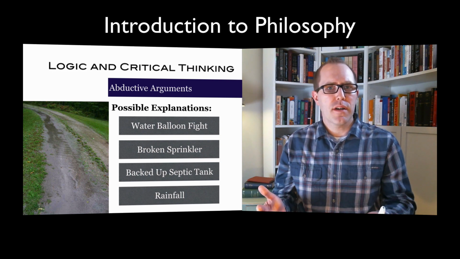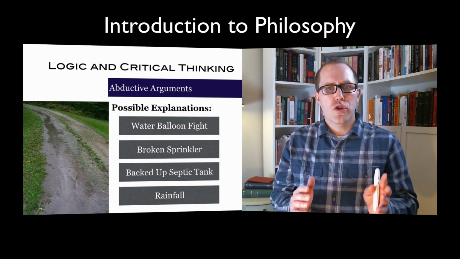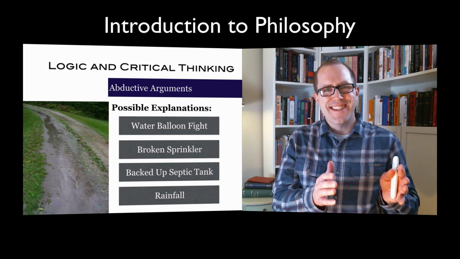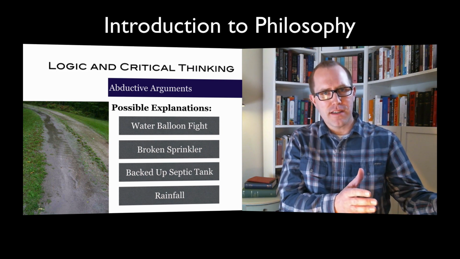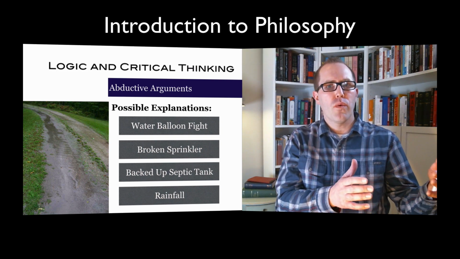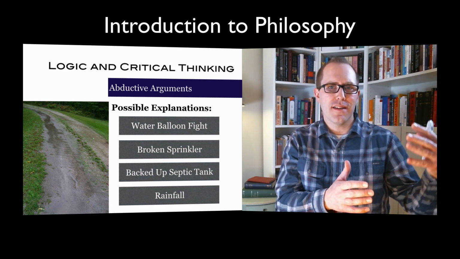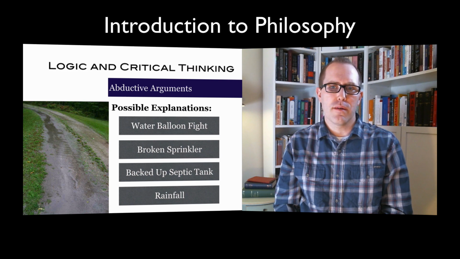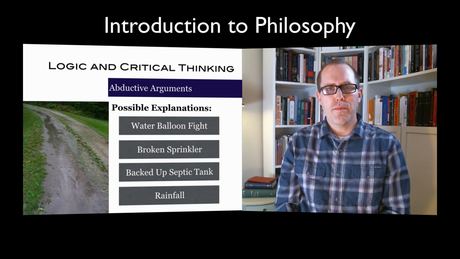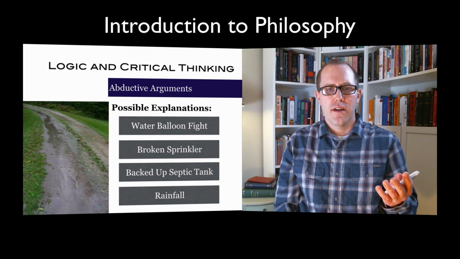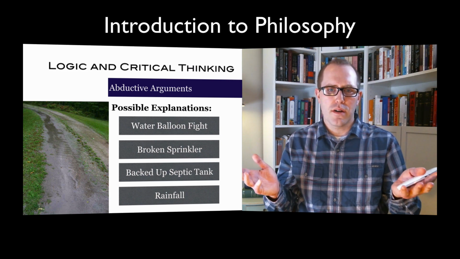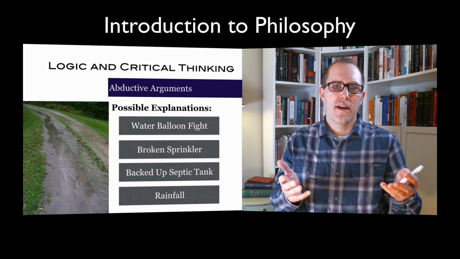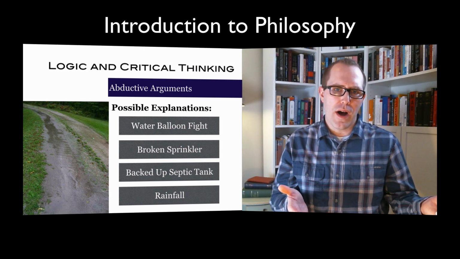So abductive arguments is similar, but again I said distinct. You use abductive reasoning when you're trying to explain a set of facts that you have in the present, and you're trying to figure out what is the cause that led to exactly what you're seeing in the present. So we might think of a case study where we're trying to figure out why is my driveway wet.